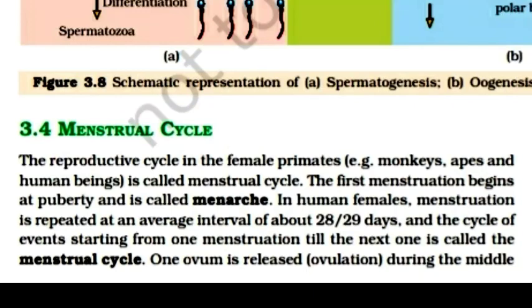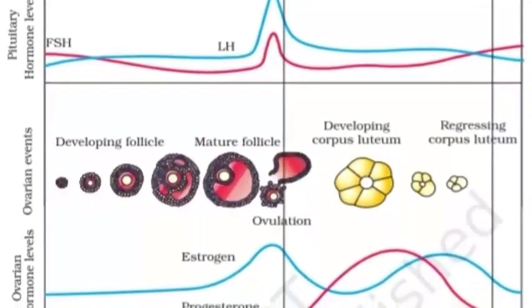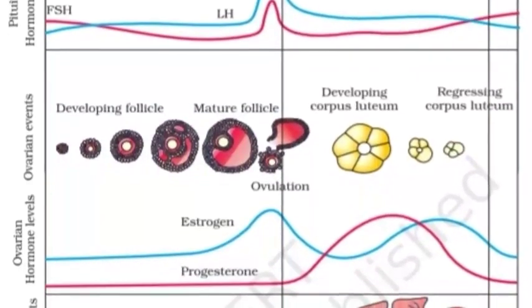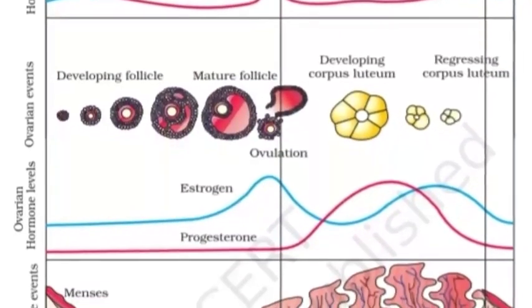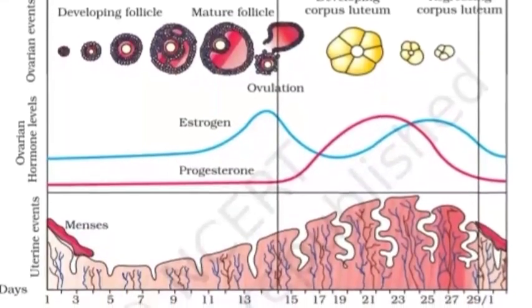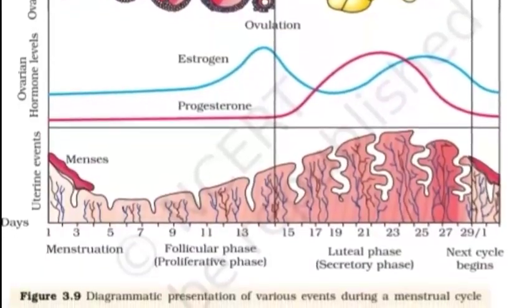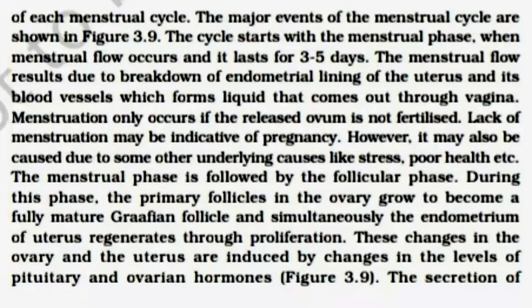One ovum is released (ovulation) during the middle of each menstrual cycle. The major events of the menstrual cycle are shown in the figure.